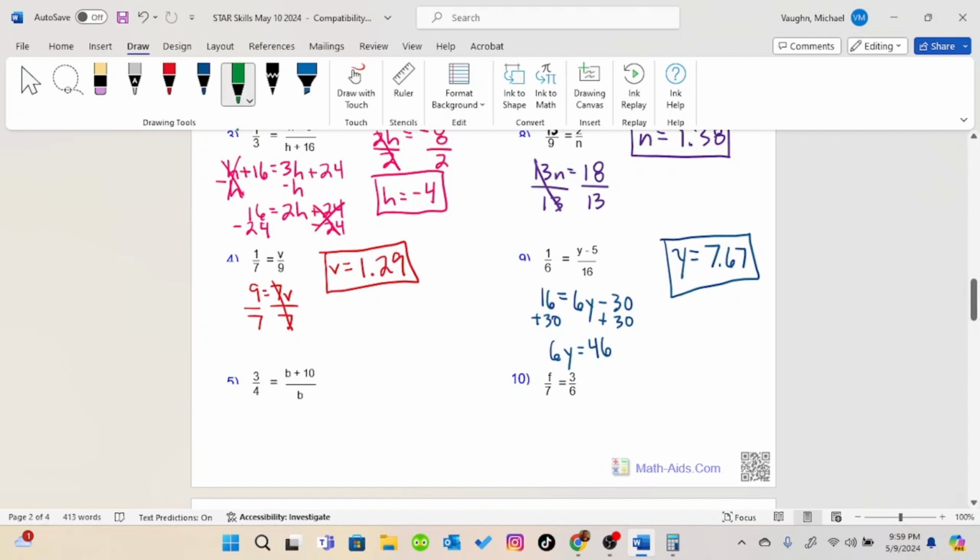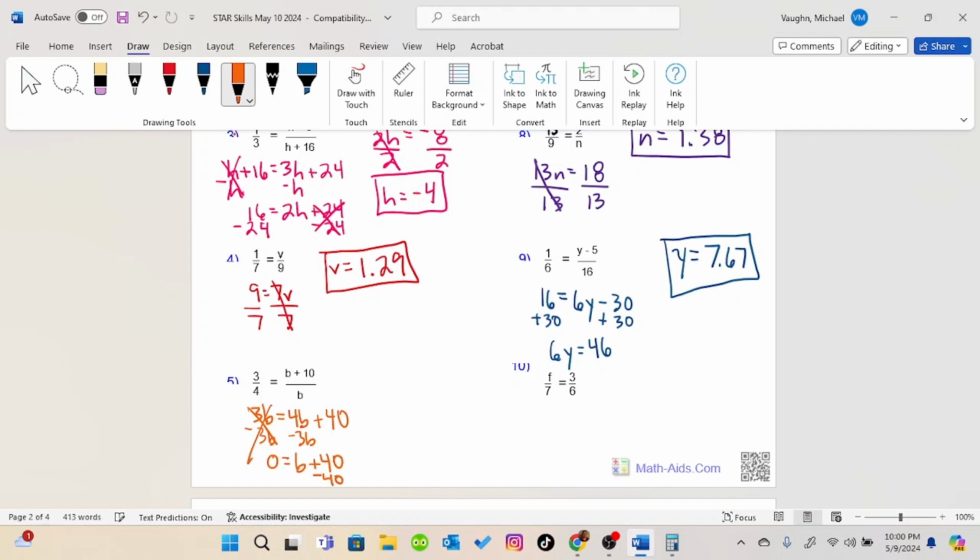Number 5, we cross multiply. 3 times b is 3b. 4 times b is 4b. And 4 times 10 is 40. We subtract 3b from both sides. 0 equals b plus 40.